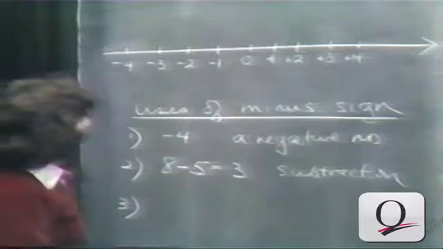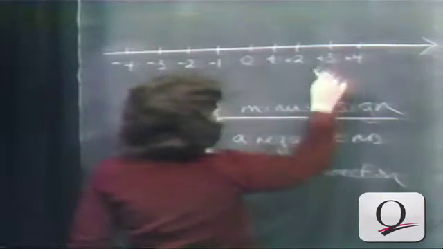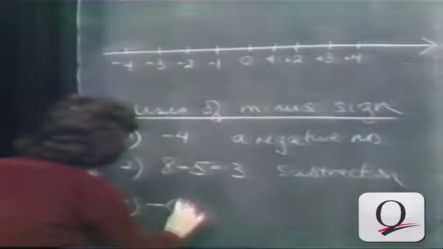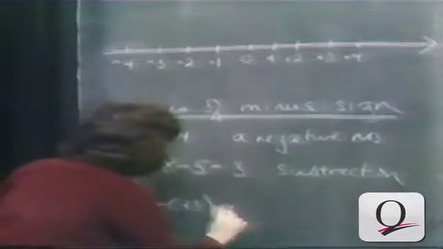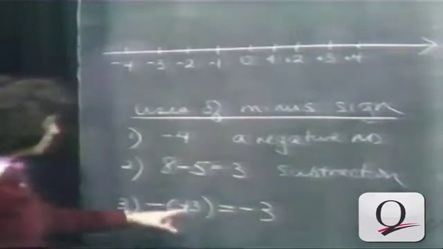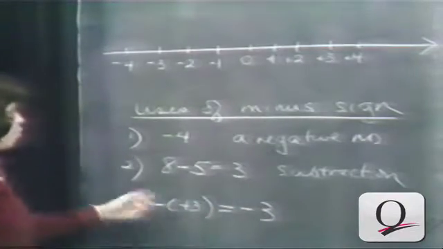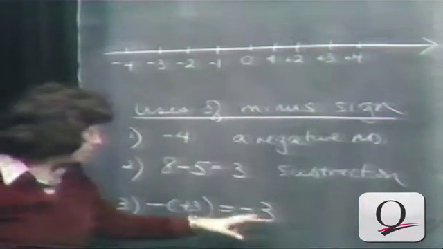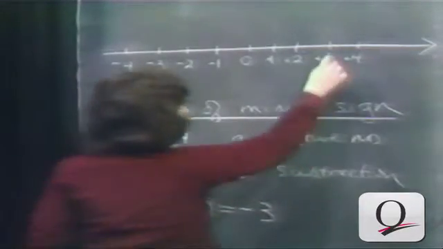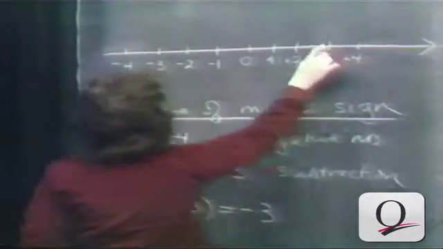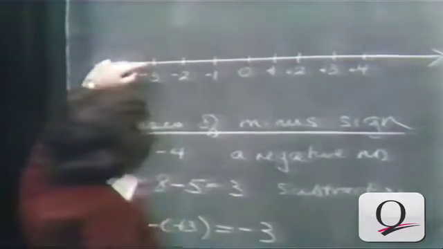For example, the opposite of the number plus 3. By this I mean minus 3. The opposite of plus 3 is minus 3, or the negative of plus 3 is minus 3. Let's look up here on the number line. Here is the number plus 3. The opposite of plus 3 is minus 3.